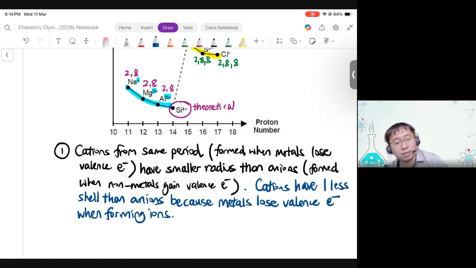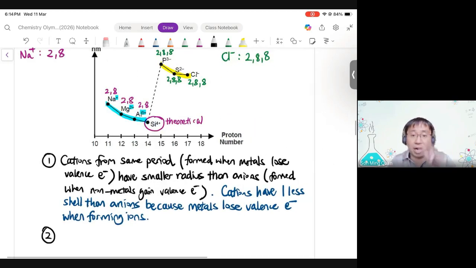Of course, once you are done with the bigger trend, the next one is to focus on the individual smaller trends. So are there smaller trends? Do you notice I've used two colors to highlight? One color in blue for the cations, another color in yellow for the anions. Why do I do that? It is to show me visually that, hey, amongst the cations, it decreases as it goes from left to right.